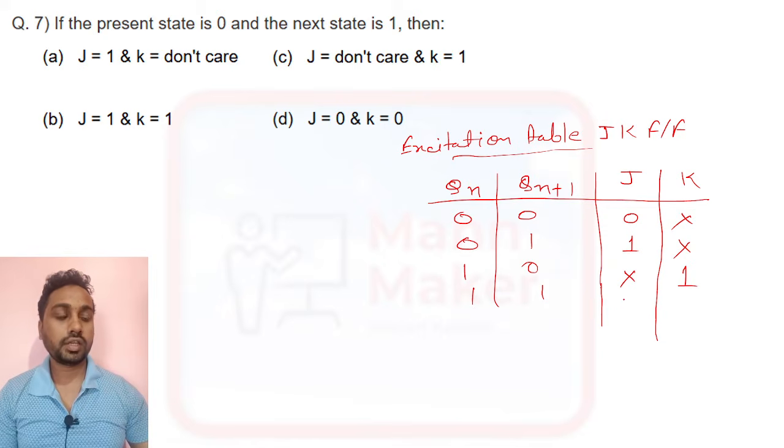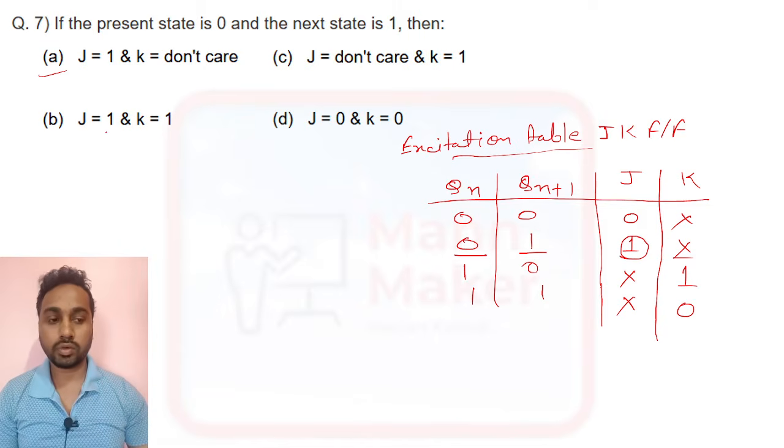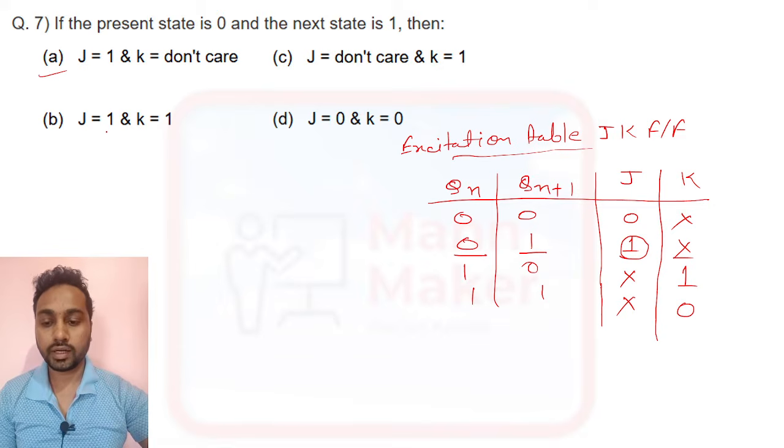When it is 1 1, then in this case it is don't care, and this will be 0. Okay, so here they have asked about present state is 0 and next state is 1, then in this case J will be 1 and K will be don't care. So your option A is the right answer.